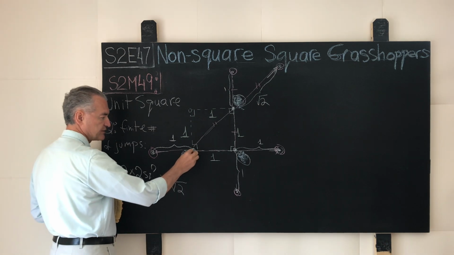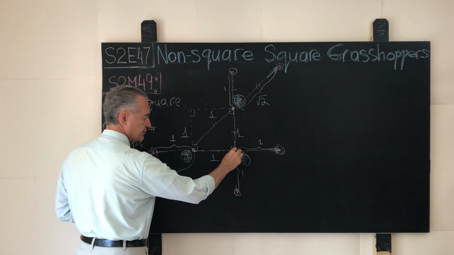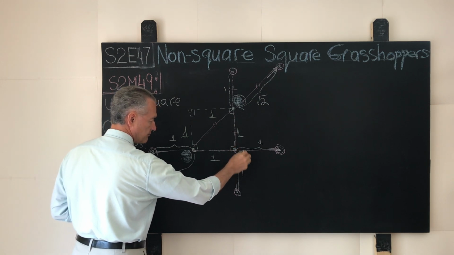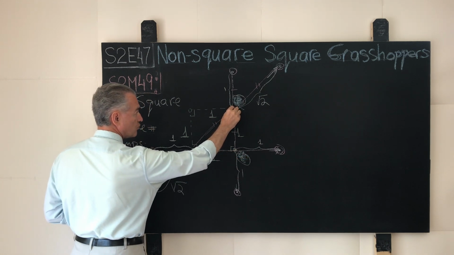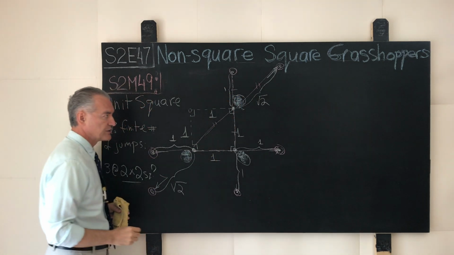One grasshopper can sit, shown in blue over here, in the lower left corner of a unit square. One grasshopper can sit in the lower right vertex, shown as a blue dot over here. And one grasshopper can sit in the upper right corner, as shown with the blue disk over here.